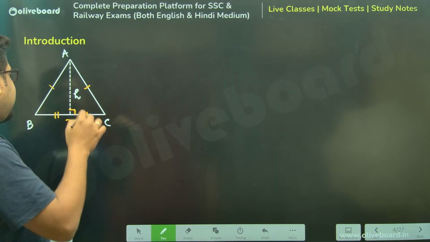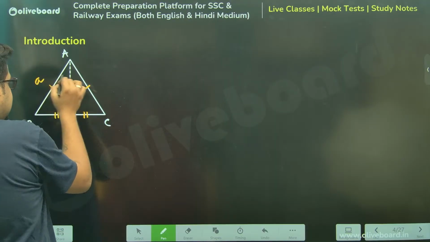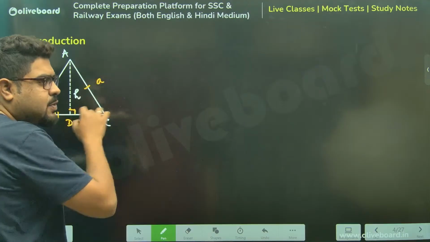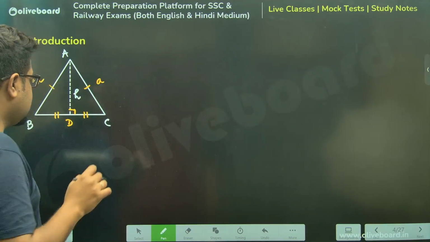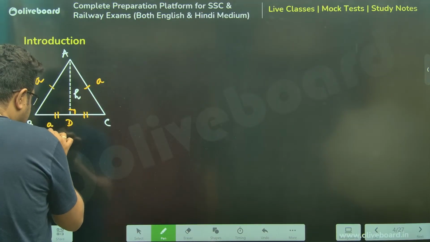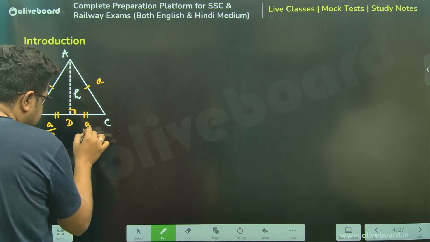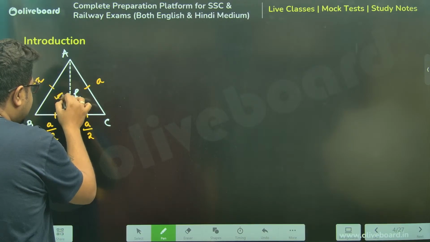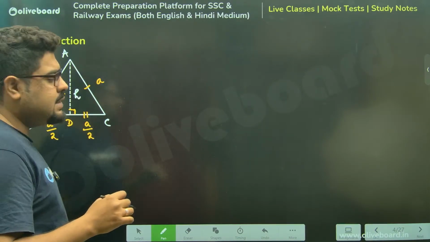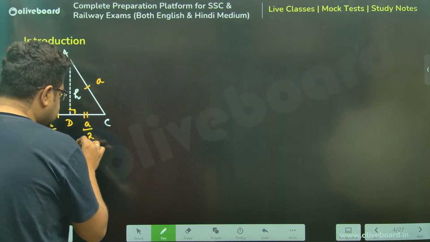If the sides of this triangle are A each, because it's an equilateral triangle and all three sides are equal, then this must be A by 2, and this must be A by 2. Now take any of the smaller right angle triangles and apply Pythagoras theorem.